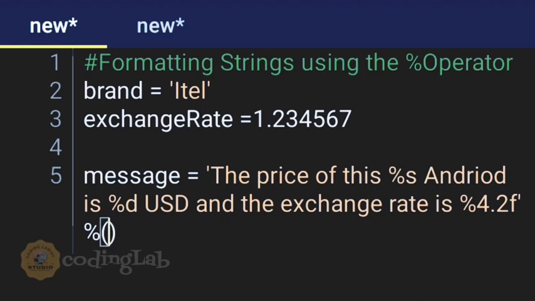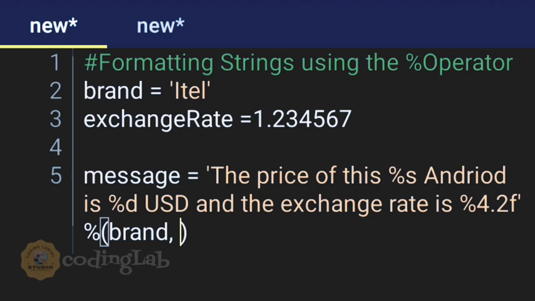The first thing is a string, and we have stored data before, which is a string also, the variable brand. This variable, comma. Then the second one, which is an integer.